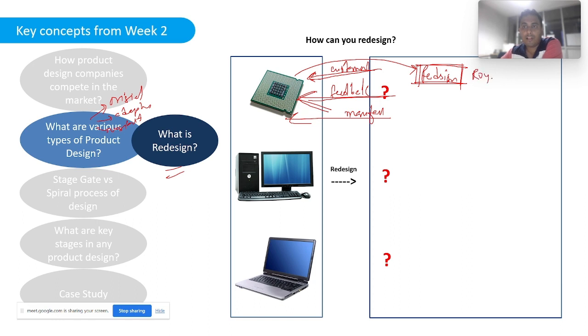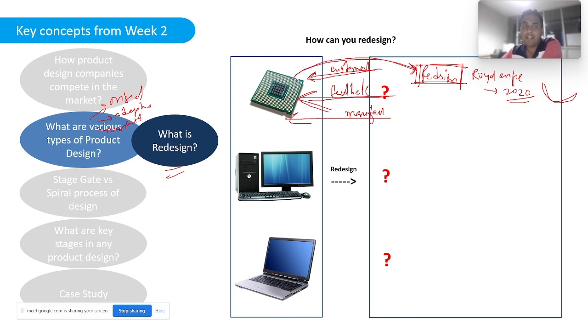Royal Enfield had a new version in 2019 or 2020, where they changed to a new chassis. It's not for new customers. The customer segment is the same, the technology is also the same. It's just because they had a complaint that the handles are vibrating, the tank is vibrating. That's the reason it's a redesign.